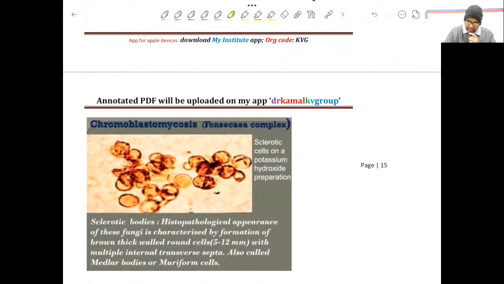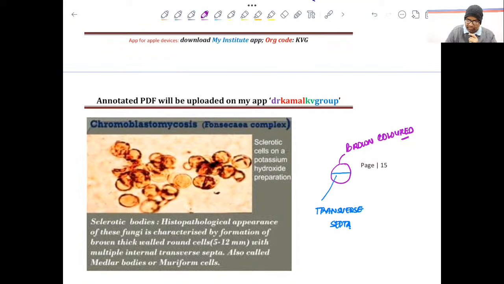Now what you will see here, there is a brown body, and in that you can see transverse septa. So you can see these transverse septa. Clear? And the color is brown, and therefore they are compared with copper coins.